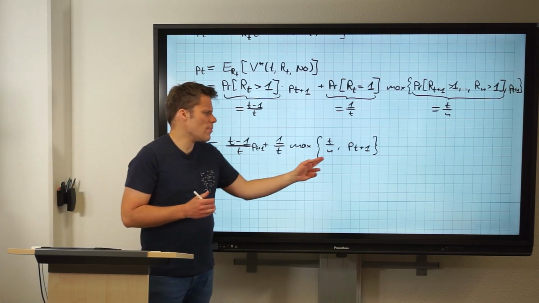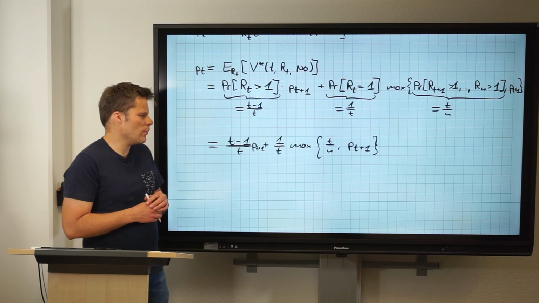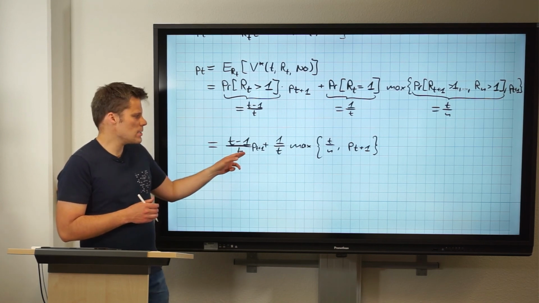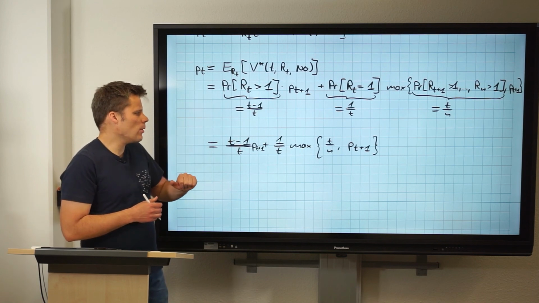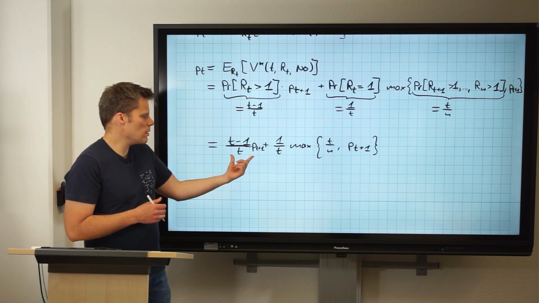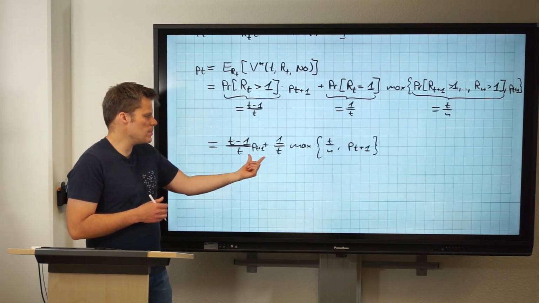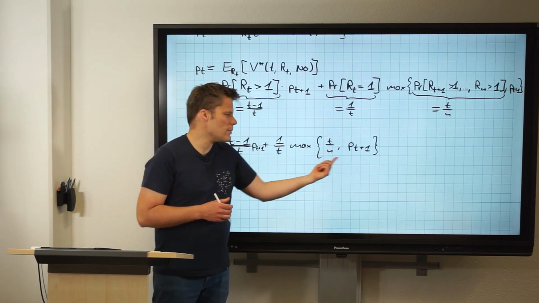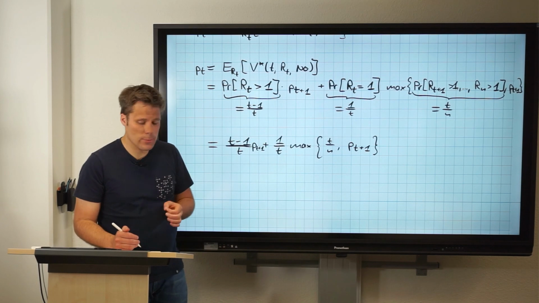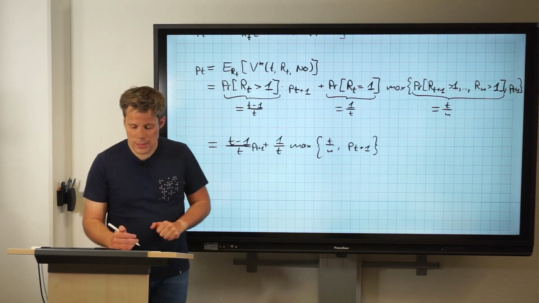Why can we solve this? This maximum operator actually looks a bit annoying. But what you can see here is that P_t will always be at least P_{t+1}. Why is this? Because here you're getting (t minus 1) over t times P_{t+1}, and here you're getting something that is only bigger than P_{t+1} times 1 over t.